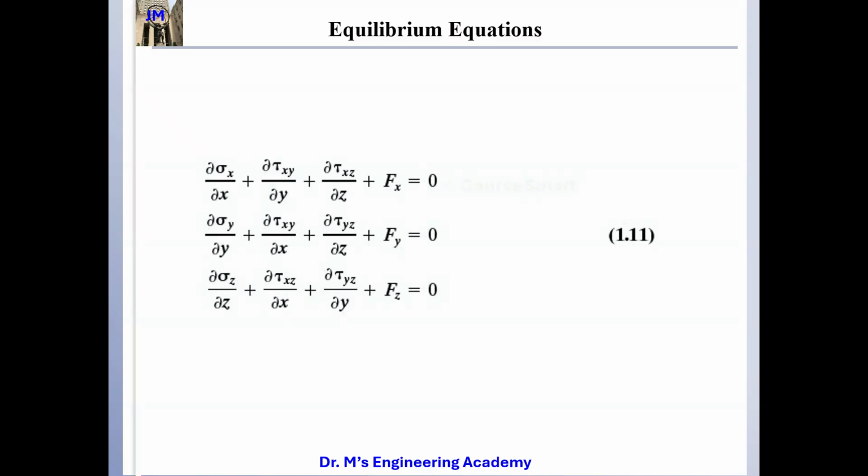So these three equations are used to make sure the shear stresses are symmetric. Right? Using these three equations, we can get tau xy equals tau yx, tau yz equals tau zy, and tau xz equals tau zx.